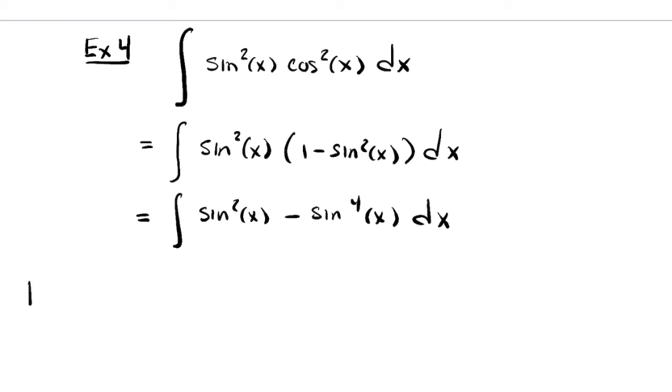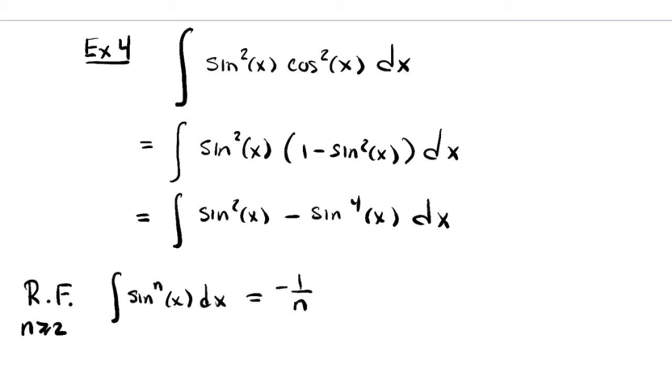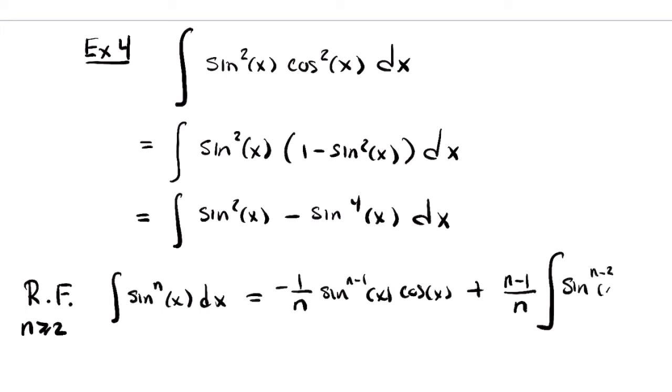So maybe you remember from our work in integration by parts, that reduction formula says that if you have a number n that's at least 2, and you want to integrate the nth power of sine, the reduction formula is minus 1 over n times the sine to the n minus 1 of x times cosine of x, plus n minus 1 over n times the integral of the sine to the n minus 2 of x dx.